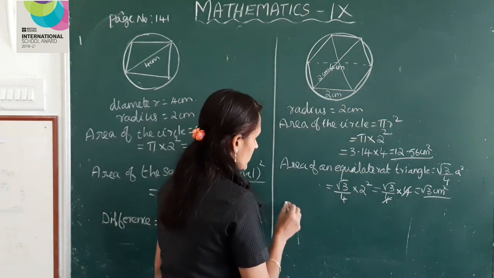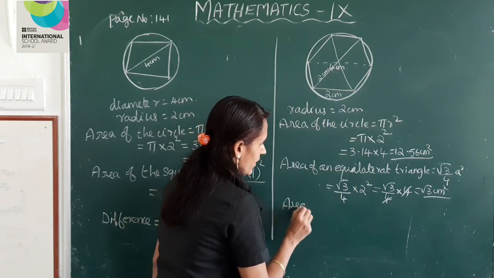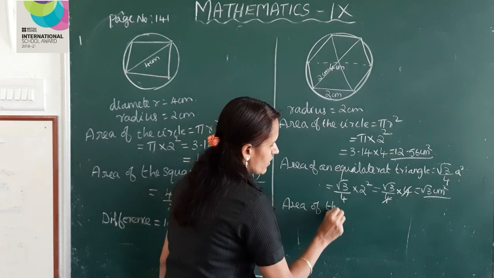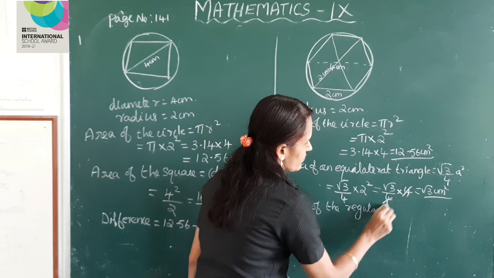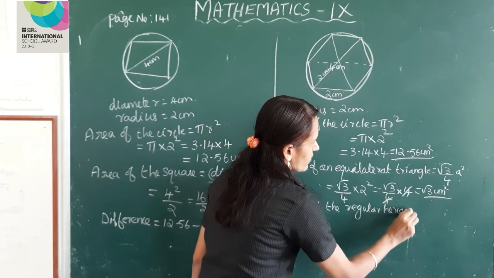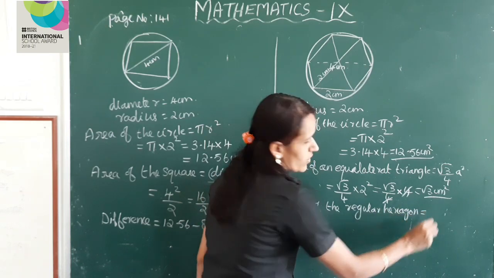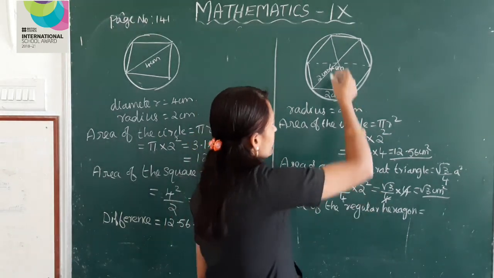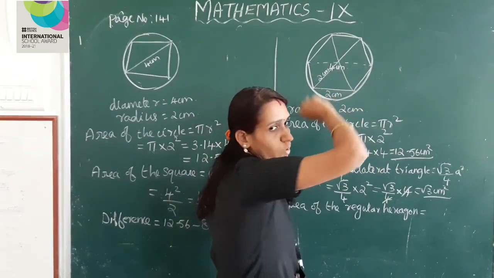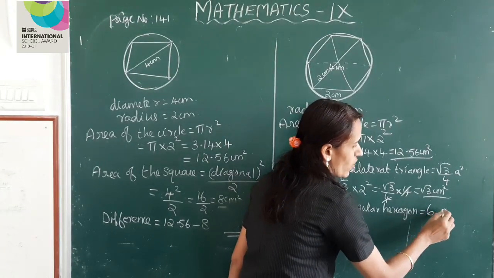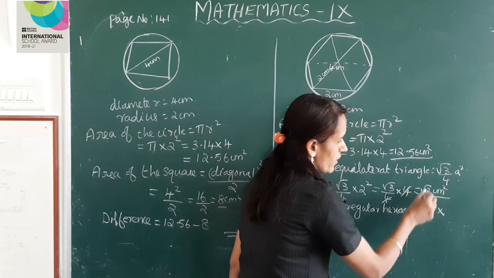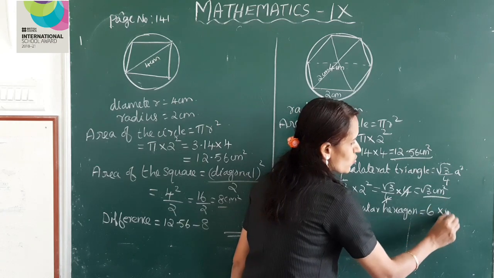Okay, next find area of the regular hexagon. It is divided into 6 equal triangles. So 6 into area of one triangle. So 6 into area of one triangle is root 3.